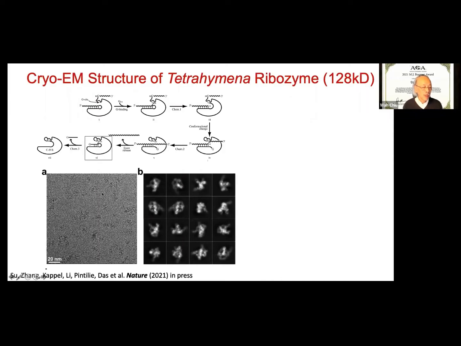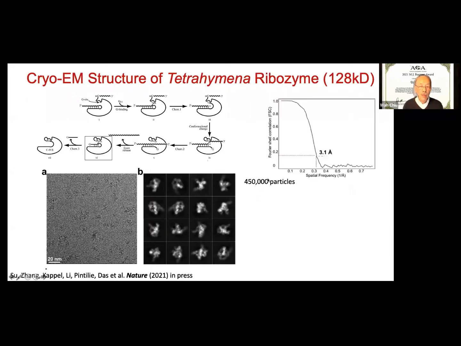These are the typical images of this ribozyme, 128 kilodaltons, and on panel B are the class averages of particles of the same orientation, seen in different angular views in projection. With that, we were able to solve a structure with less than 500,000 particles at a resolution of 3.1 angstroms.